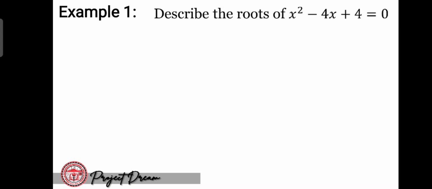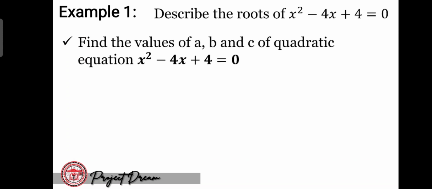Example number 1 is to describe the roots of x squared minus 4x plus 4 is equal to 0. First, we must find the values of a, b, and c of quadratic equation x squared minus 4x plus 4 is equal to 0.